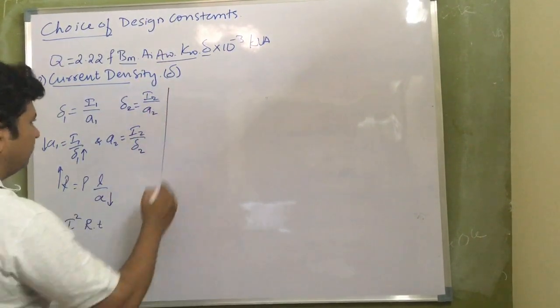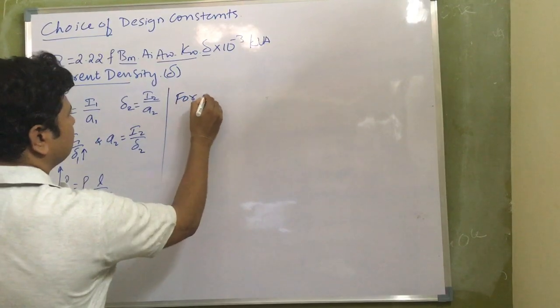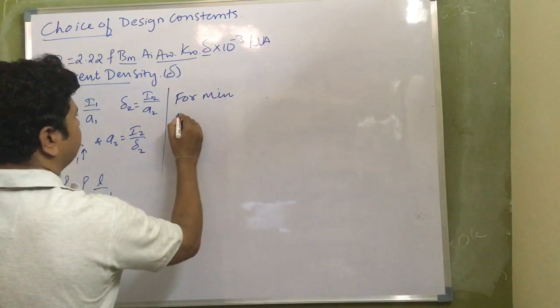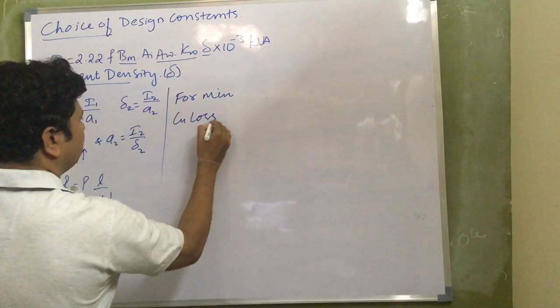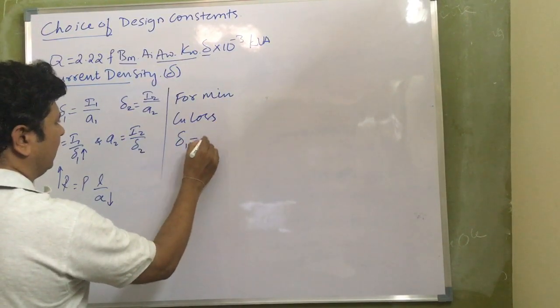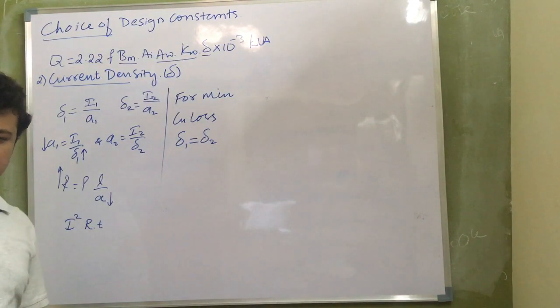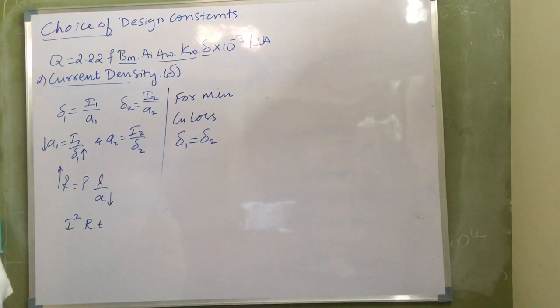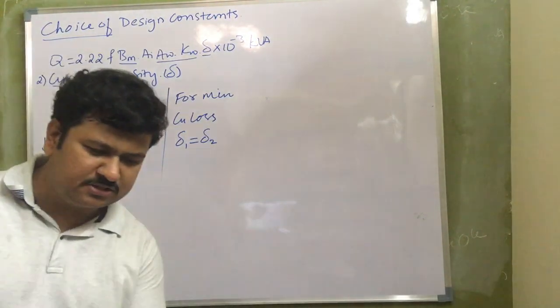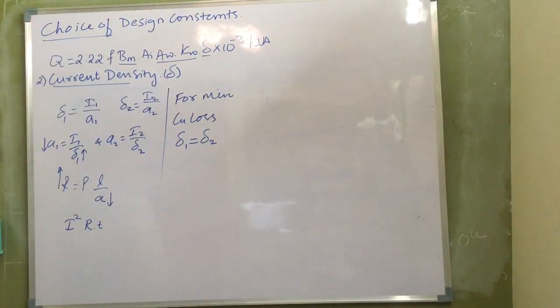For minimum copper loss, delta 1 should be equal to delta 2. I should choose the same value of current density in the primary as well as the secondary winding. So this is my condition, which we have to prove now. It is one of the important proofs. It has been asked multiple times in the exam.